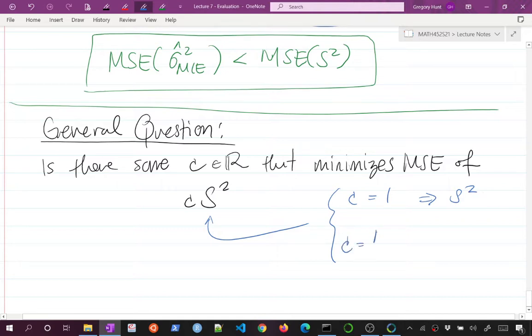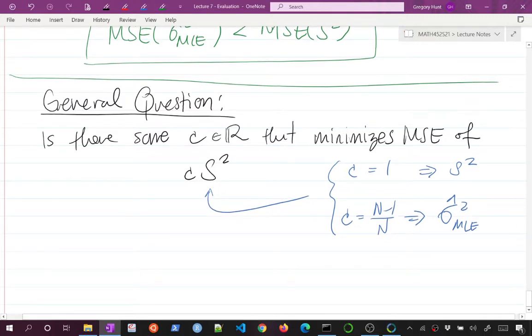If c is equal to n minus 1 over n, then we get what we were calling sigma hat squared MLE, and we showed that that MLE had a lower MSE than the standard s squared. But is there some other c we could choose that has an even lower MSE? What's the best thing we could do to estimate the variance? So that's a question we could answer.